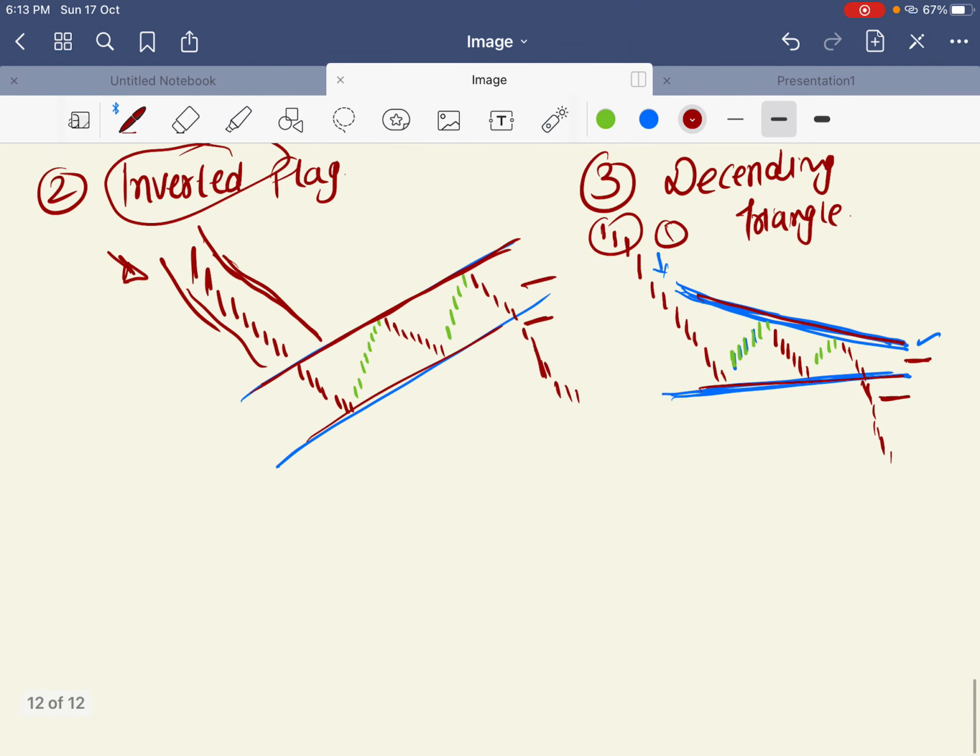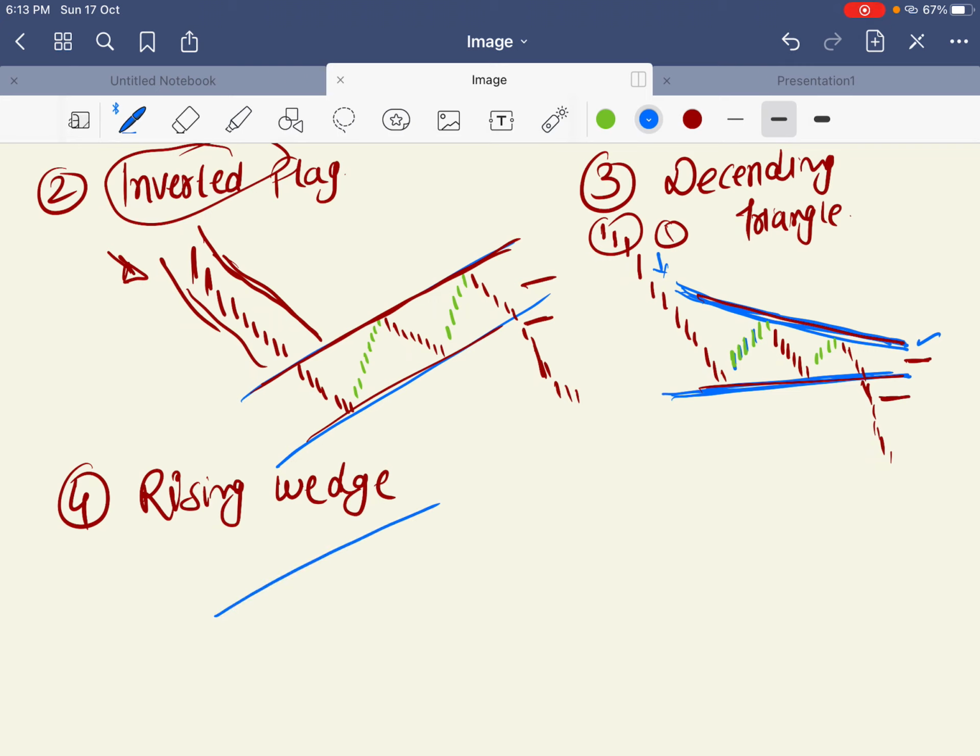Next is our rising wedge. These are our bearish chart pattern you have to remember. In rising wedge the structure looks like this. The first line looks like a straight line, and the second line is inclined like this. This side is the wider side and this is the narrow side.